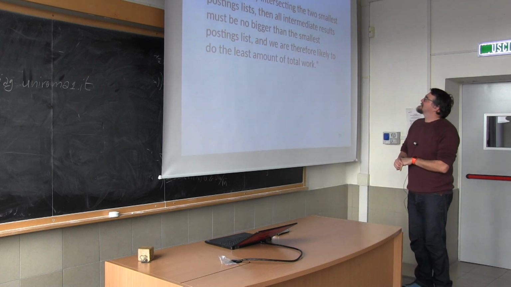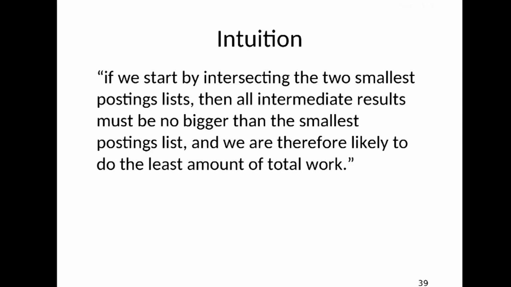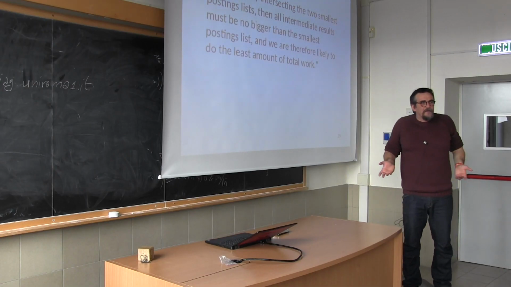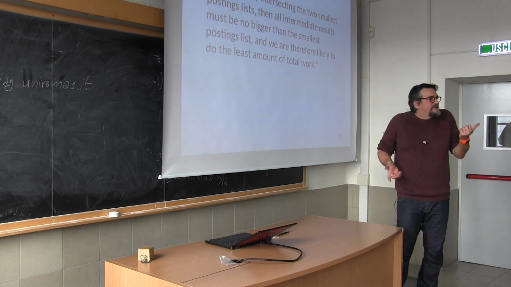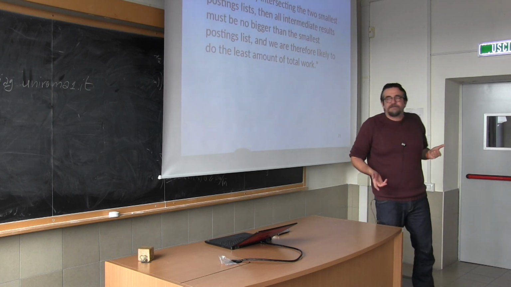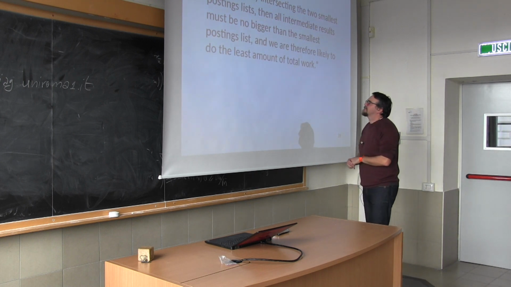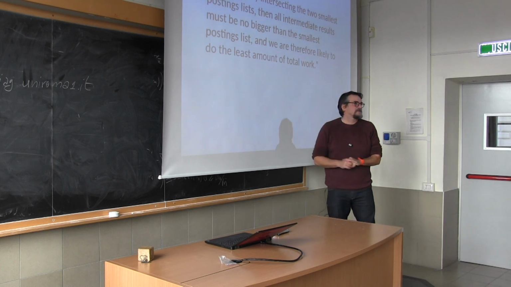If we start by intersecting the two smallest posting lists, then all intermediate results must be no bigger than the smallest posting list. By definition, it is an AND, right? So in the best case, you'll take all the elements in the smallest posting list. And we are therefore likely to do the least amount of total work.